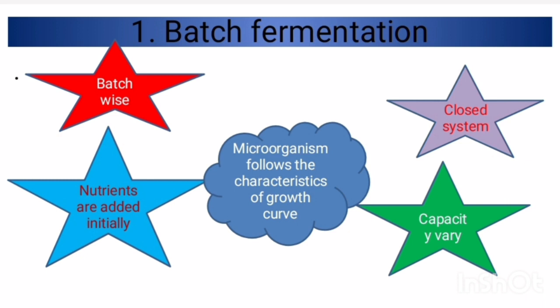The capacity of the batch fermenter ranges from a few hundred to several thousand gallons. Small laboratory fermenter, pilot plant fermenter, and large fermenters are available. For small lab fermenter, 1 to 2 liter to 12 to 15 liter capacity.